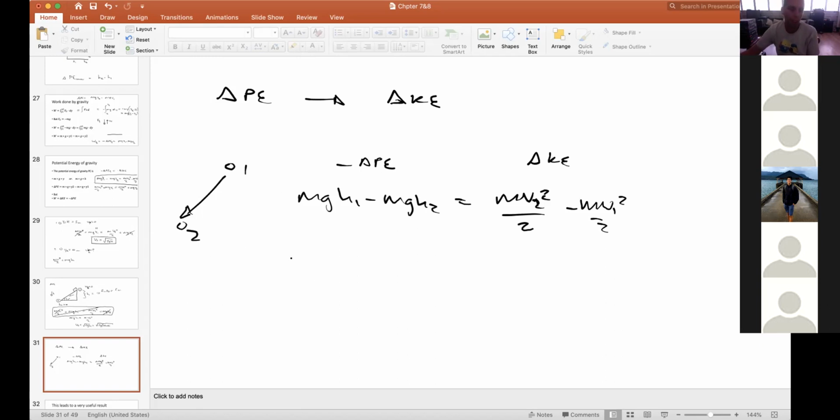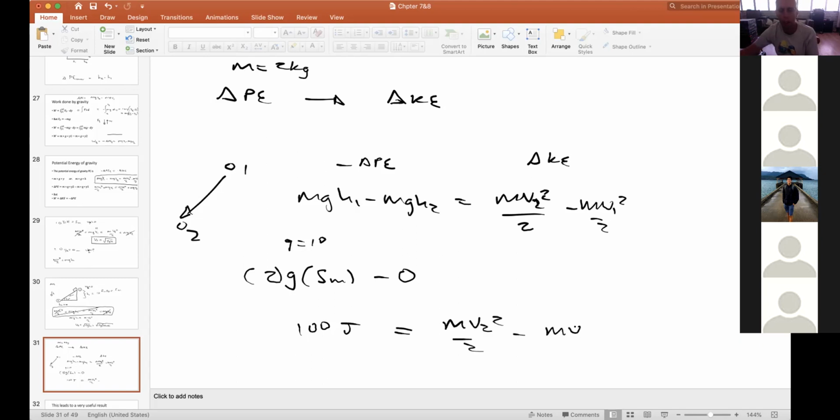What was our change in kinetic energy here? Let's say our m was 2 kilograms. We know this went from 2g, we said 5 meters, to 0. Let's call g 10. This was 100 joules: 2 times 10 times 5 is 100.